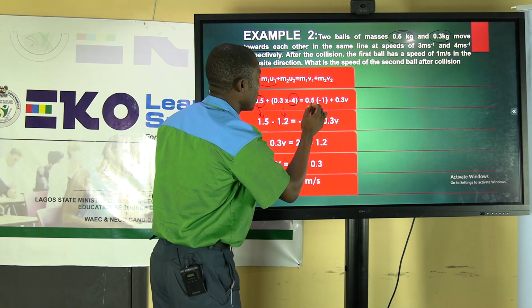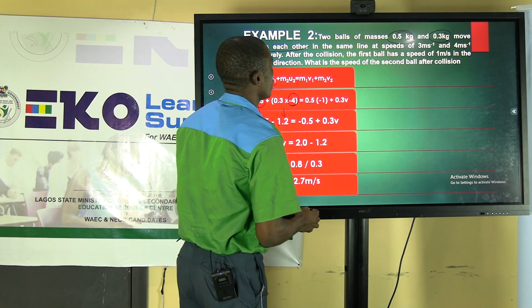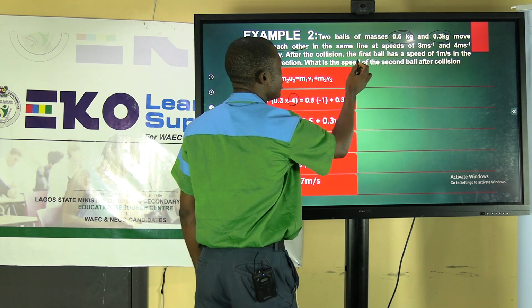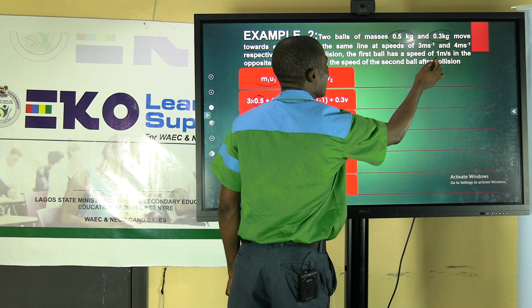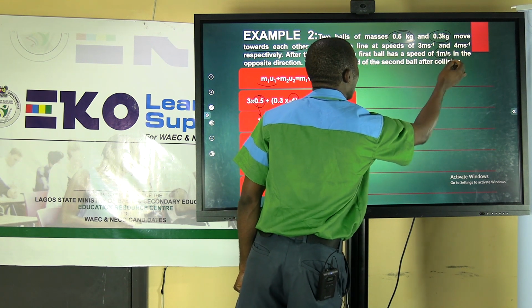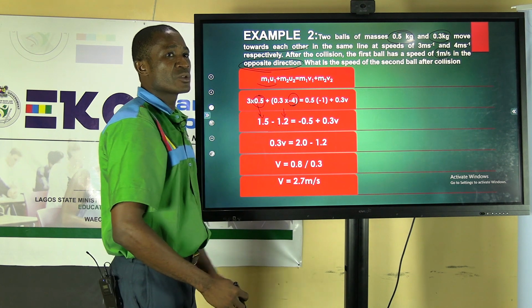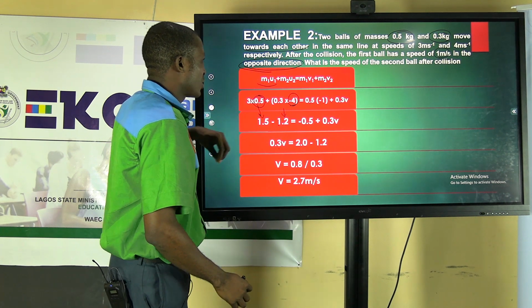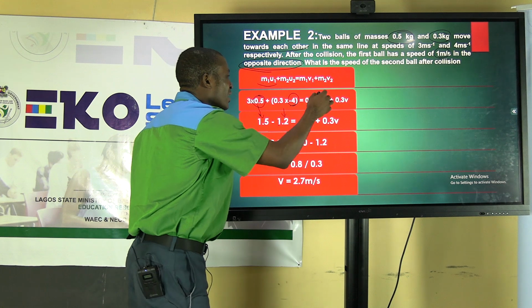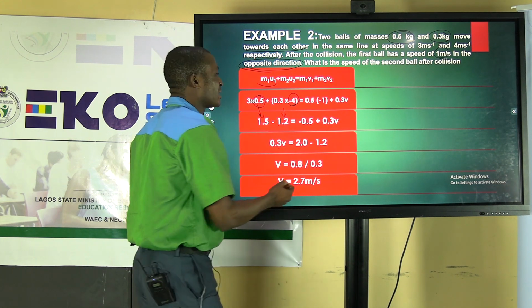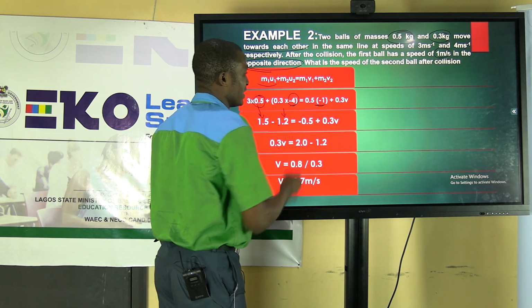Now in this case, 0.5 times -1. How did we get this -1? Let's go back. After collision, the first ball has a speed of 1 meter per second in the opposite direction. So that word opposite direction means the new direction it's facing negates the original direction it's coming from. So that is why this one is minus.